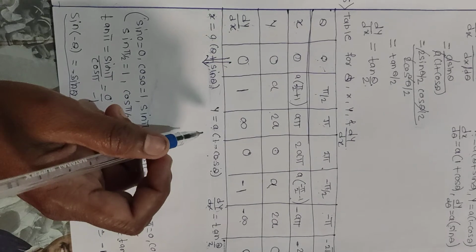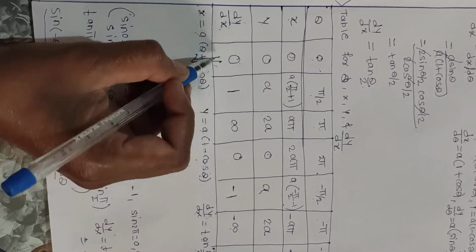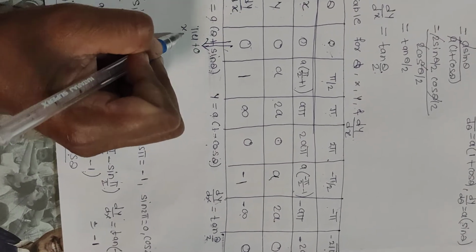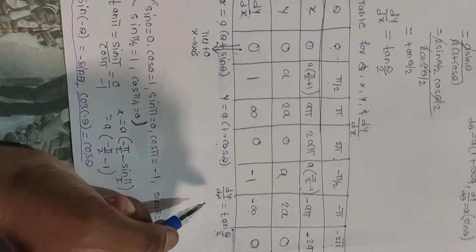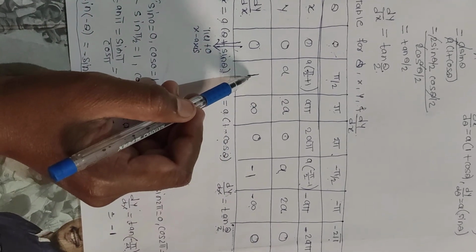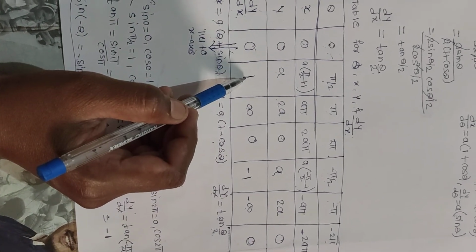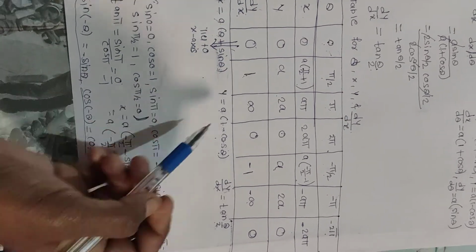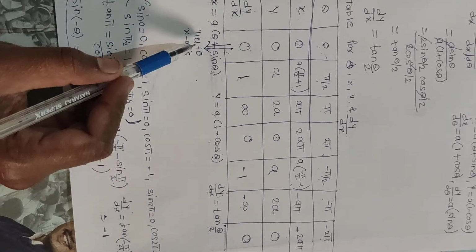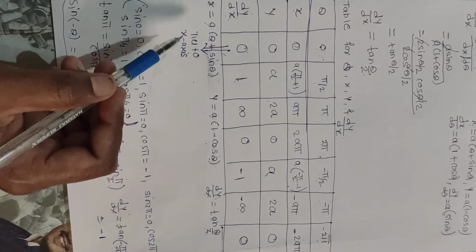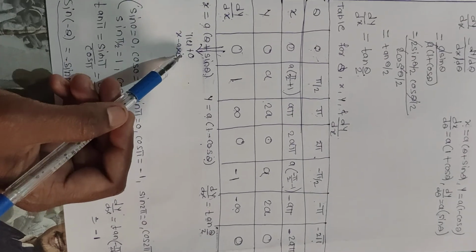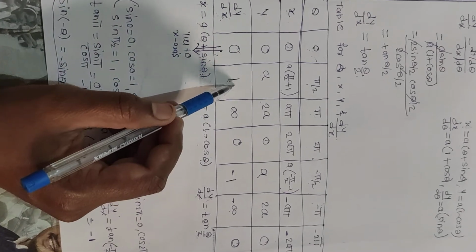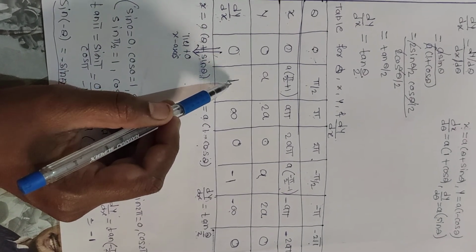If dy by dx equals 0, the conclusion is that the tangent is parallel to the x axis, or the x axis is the tangent itself. If dy by dx equals 1, we say it makes an acute angle with the positive x axis.